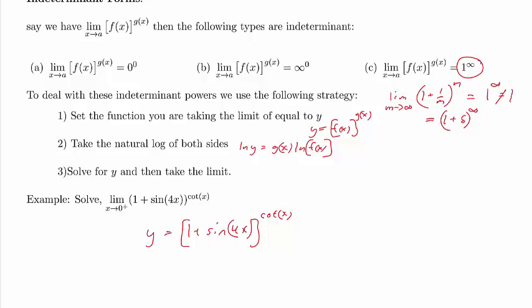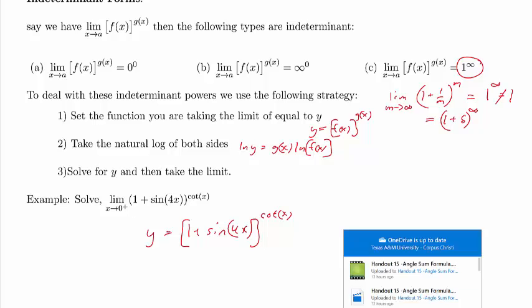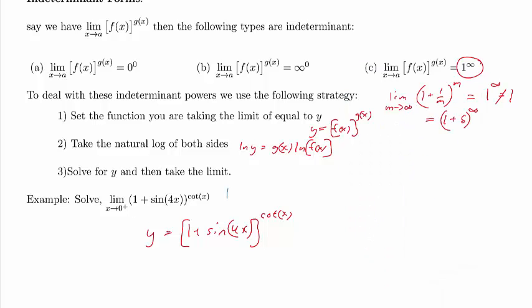Sine of 0 is 0. So you end up with a 1. And cotangent of 0, keep in mind cotangent is cosine over sine, and it's coming from 0 positive. And so we're going to have an infinite power there, right? We've got 1 raised to an infinite power.